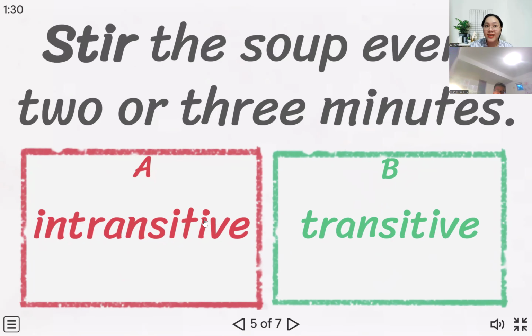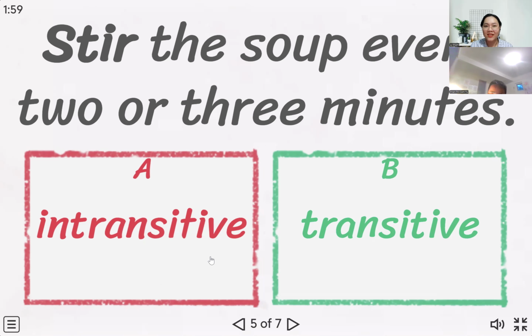We can see an object here. The soup, soup what? I cannot see, but anyway, the soup here. The soup is the object, right? What do you need to stir? I need to stir the soup. So which one?